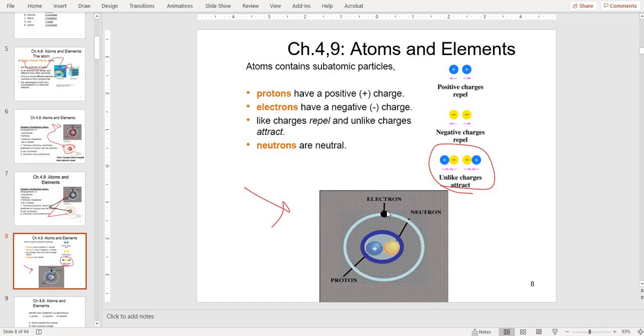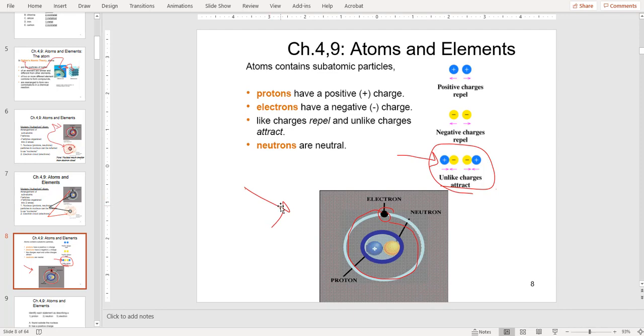So the whole reason that the electron doesn't fly off into oblivion, but stays near the center of the nucleus is because of opposite charge attraction. Now it turns out if you get two like charges, they do repel.